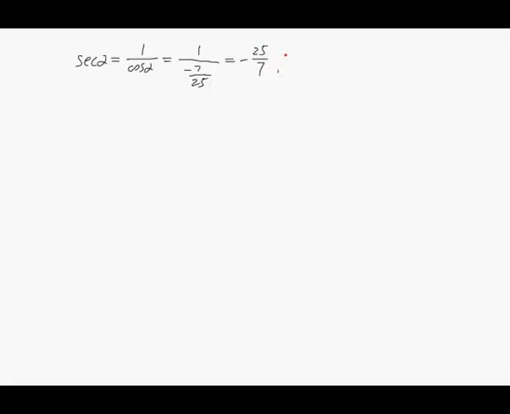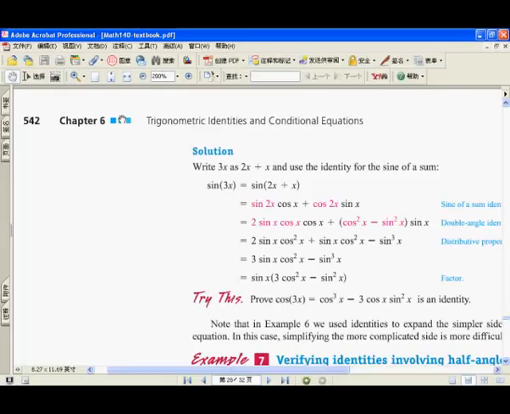And for the cosecant, it is equal to 1 over sine alpha. So sine alpha is equal to negative 24 over 25. Then you get negative 25 over 24. Okay, then done.